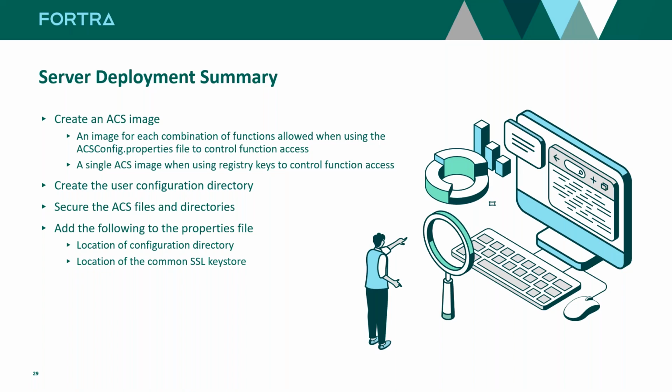So the process is, and then of course, just like with the desktop, if you're going to use the registry keys, then as you do the installs on the desktop, you're going to run that reg file to control the access to the functions.